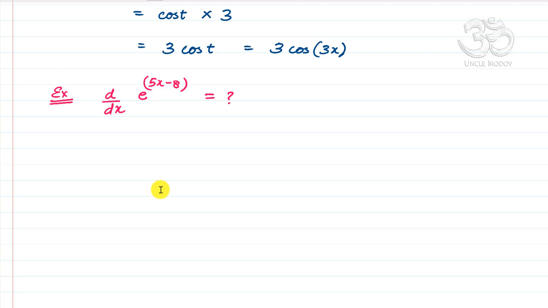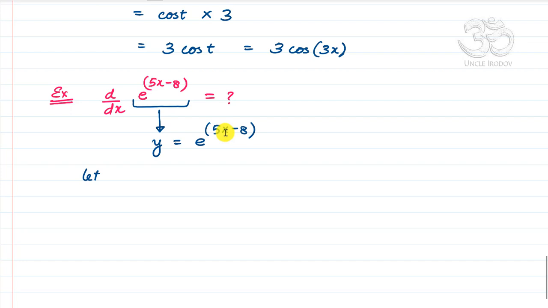So what we do here is, we will assume this to be some y, and y is e raised to the power 5x minus 8, and that's your clue, because you know a formula for e power x, but you don't know a formula for anything else. So that's your clue that you should take this as t or something.